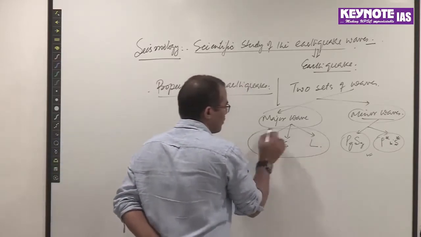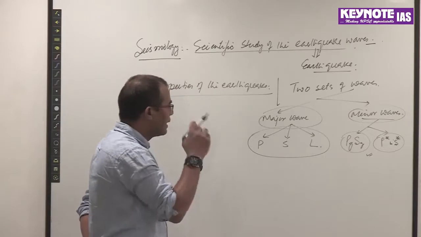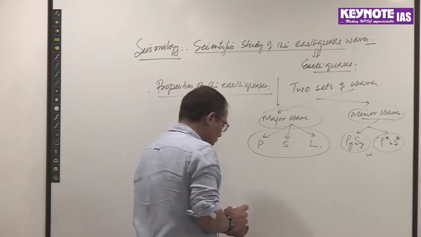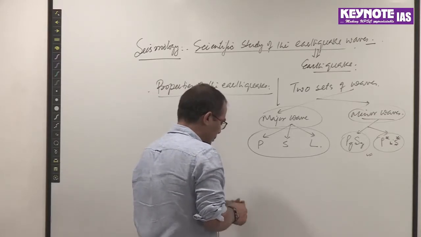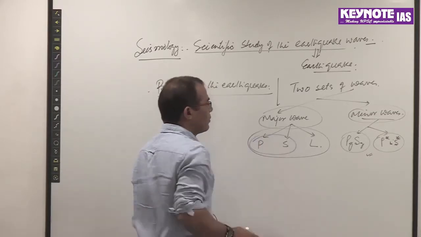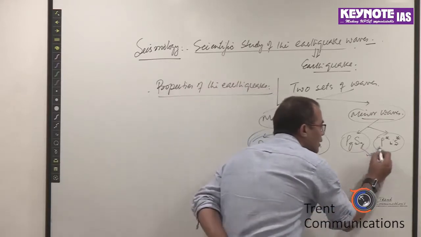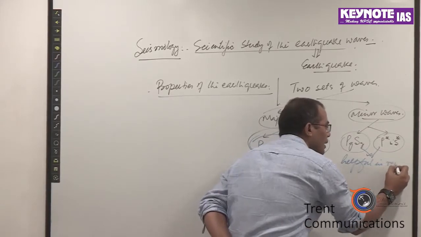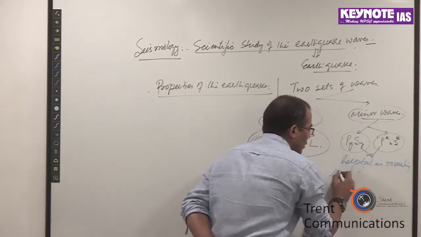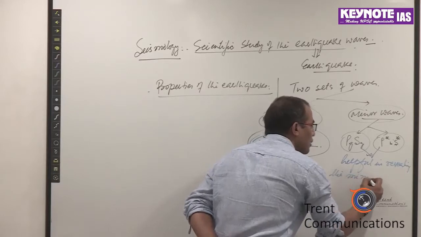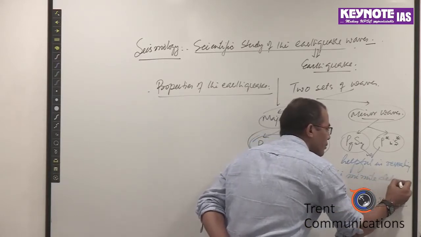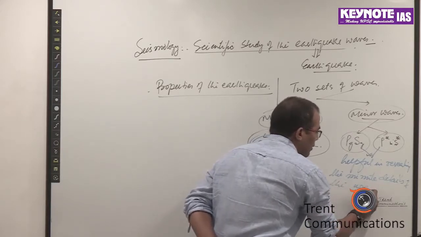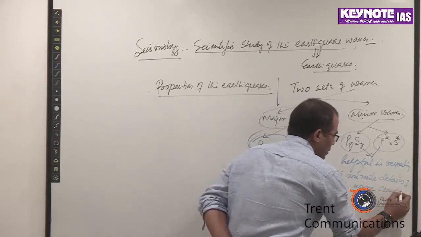Major waves are the waves which are generated and travel roughly in many directions, especially the P and S. Minor waves are helpful in revealing the minute details of the upper part or the upper crust.